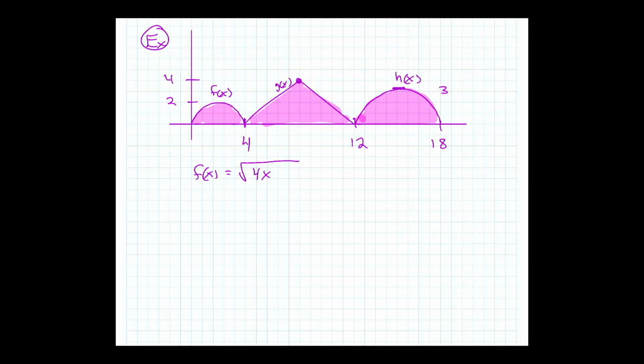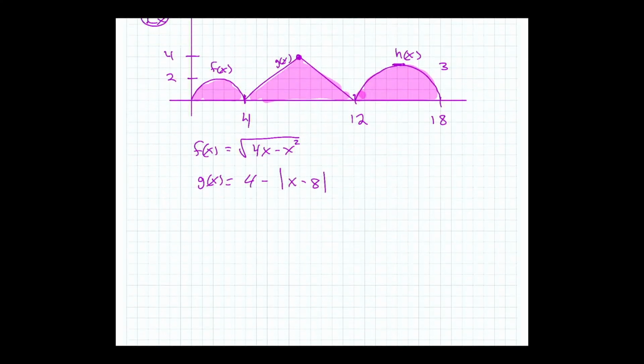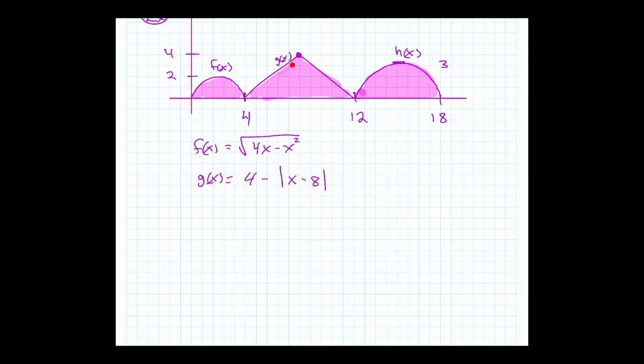So f of x is the square root of 4x minus x squared. g of x is 4 minus the absolute value of x minus 8. You know, the absolute value function has this diamond shape.